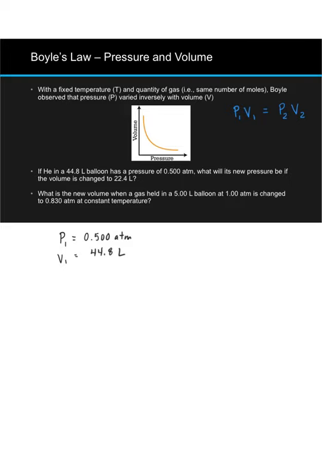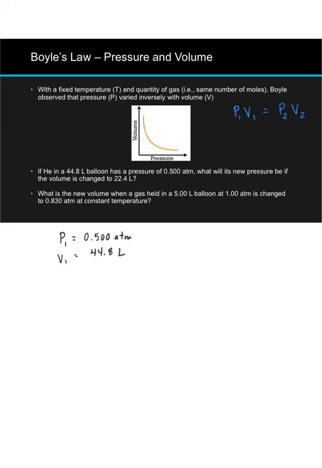A good means by which to solve gas law problems for this chapter is to come up with a list of all of the things that we know and try to assign them variables that match the equations that we develop. If we can do that, then picking and plugging into the correct equation is going to be easy.